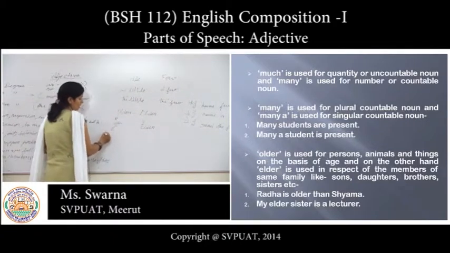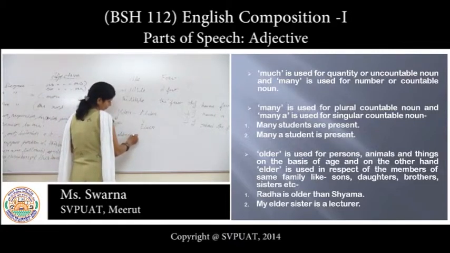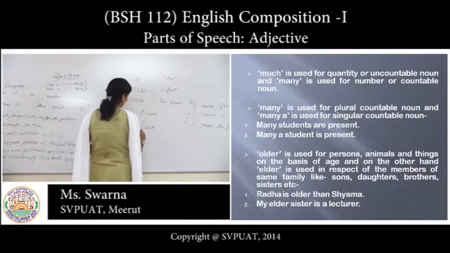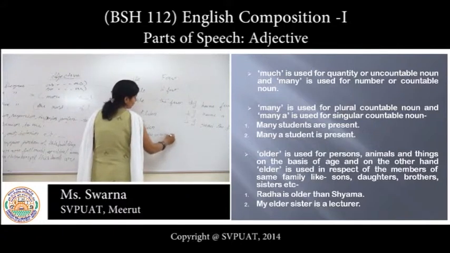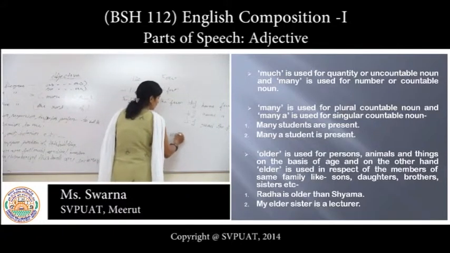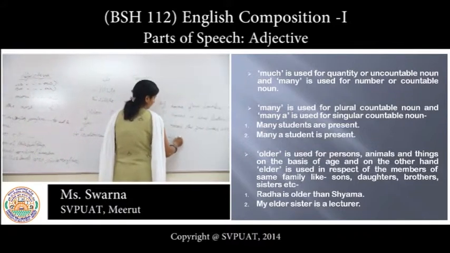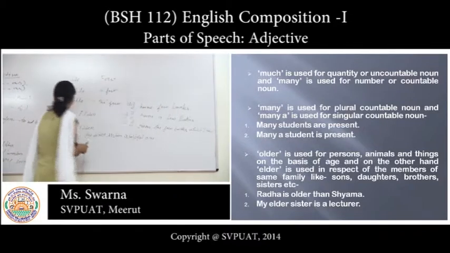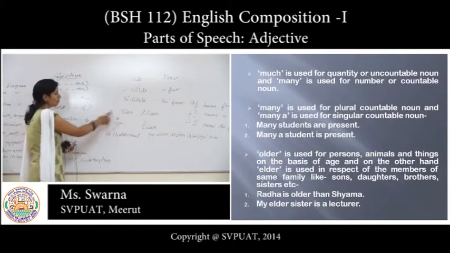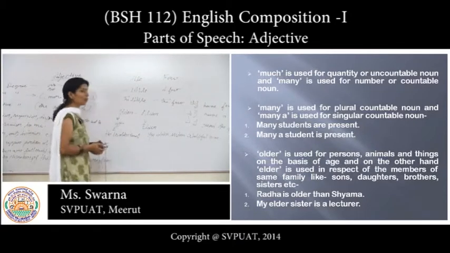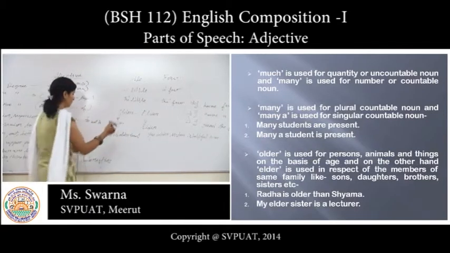Like, "He is older than me," or "He is older than I." And "My elder sister is helpful to me." So for age-wise comparison we use older, and for family members or relatives we use elder.